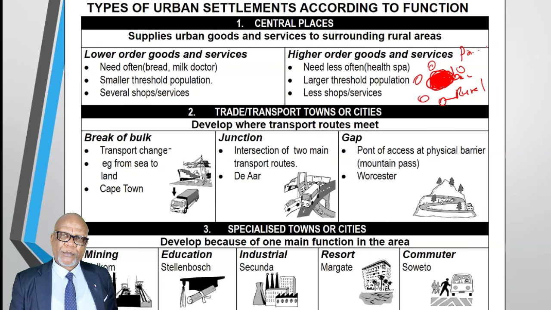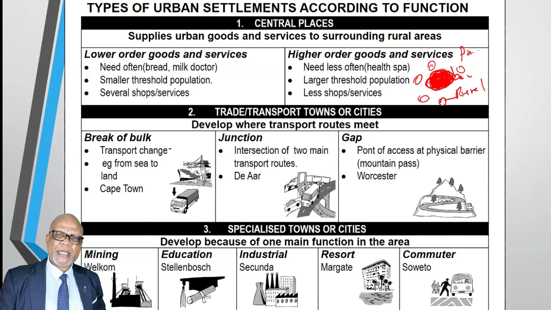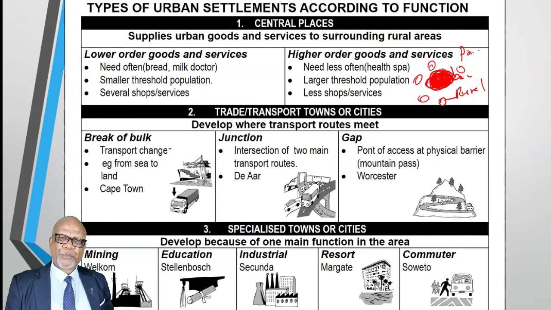So for them to get educational services, to get health services, they have to move to a central place town to receive secondary and tertiary goods and services. Because in rural areas, according to the definition, rural areas are unifunctional, so people are involved in primary activities.